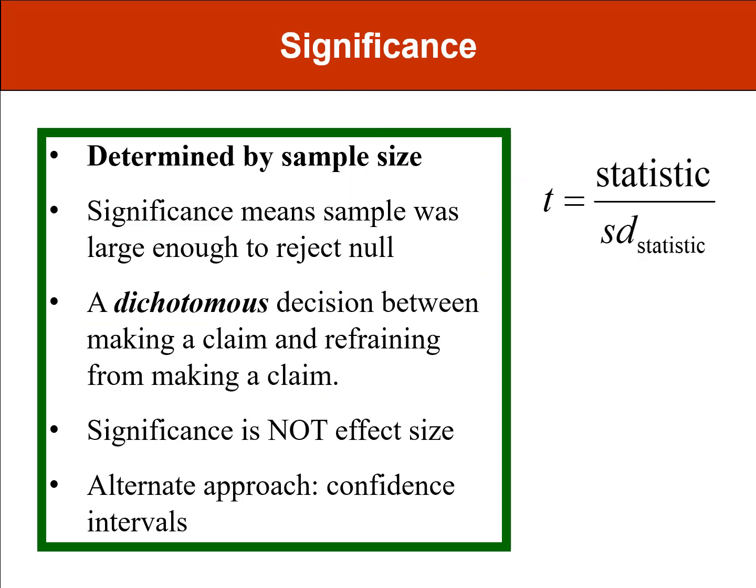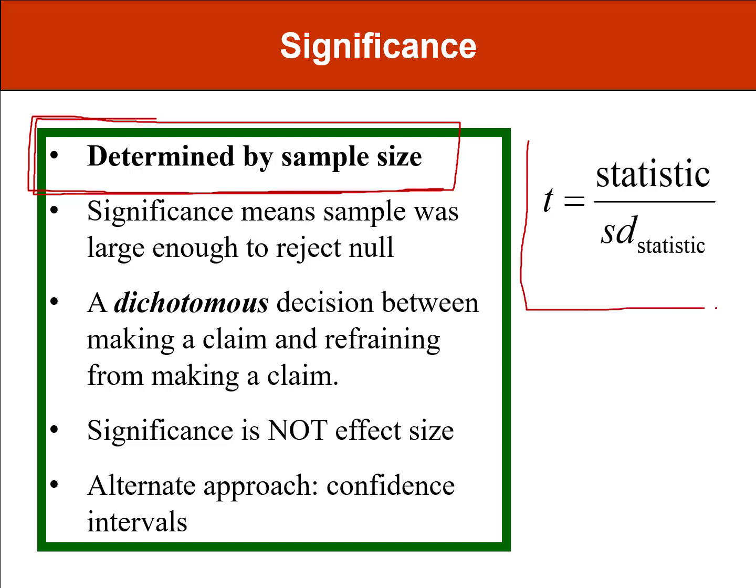Now, one very important thing to keep in mind here is the fact that significance is largely determined by the size of your sample. To a large extent, significance is determined by sample size. Let's look at our formula for a t-value and see how this is true. So recall that a t-value is always calculated where we take a statistic and divide the statistic by its standard error.